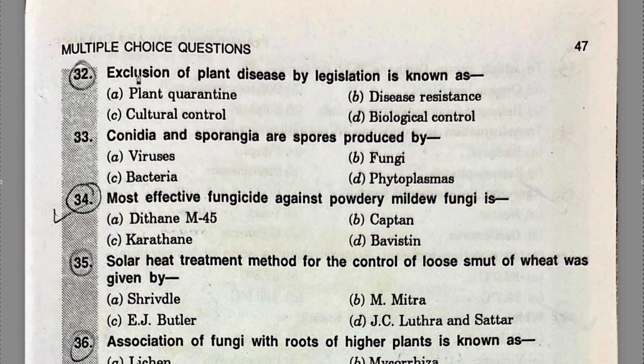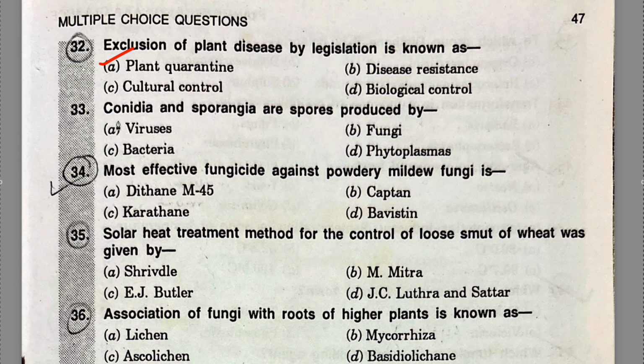Question 32. Exclusion of plant disease by legislation is known as plant quarantine, disease resistance, cultural control or biological control. Answer is plant quarantine. Question 33. Conidia and sporangia are spores produced by viruses, fungi, bacteria or phytoplasma.